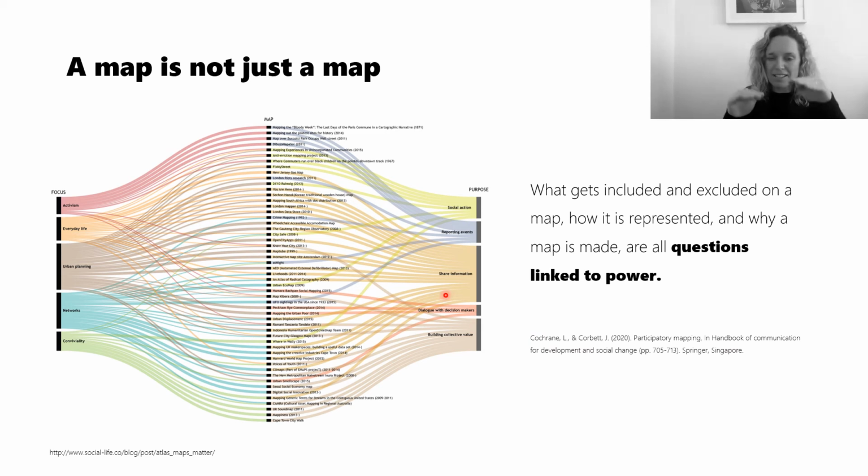So if we think about destabilizing or equalizing those power relationships so that community, councils, homeowners, business owners can start to interact on a level playing field, a map can be a really powerful tool for that. And then building collective value.